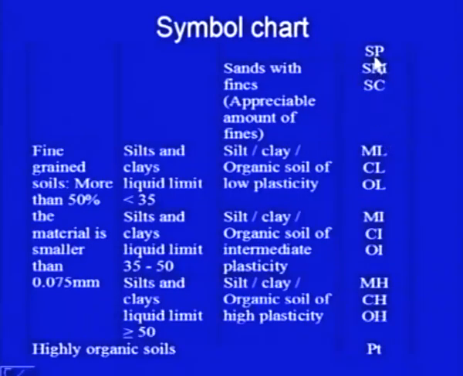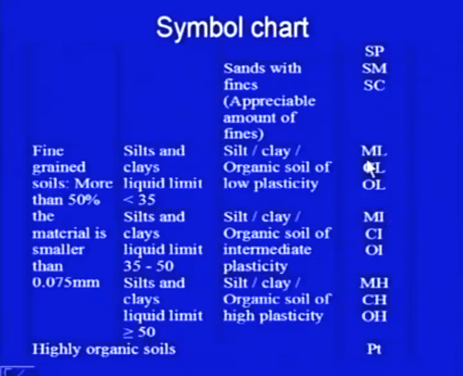Then fine grained soils are those soils which have more than 50% of the material less than 0.075 millimeter. They have silts and clays: ML, CL, OL, MI, CI, OI, MH, CH, OH.